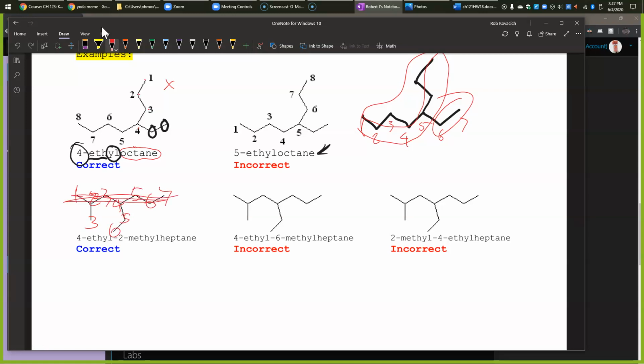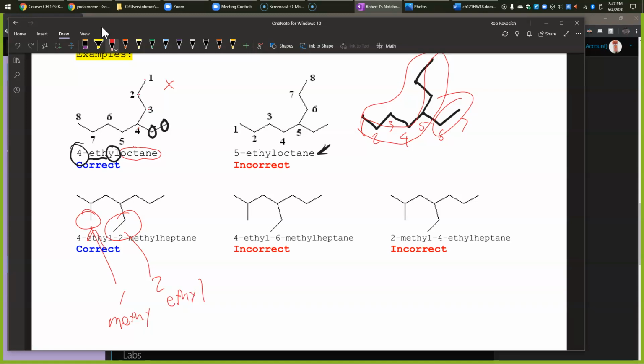Okay, so I know that that right there is the longest continuous carbon chain, the straight across. What's attached to my straight across? This and this. How many carbons is that? 1, 1. How many carbons is that? 2. So I have a methyl side chain and I have an ethyl side chain.